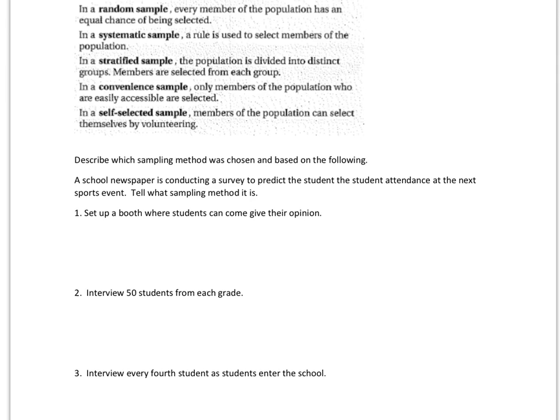Set up a booth where the students can come give their opinion. So that's the one I'm looking at right there. If I set up a booth, the students are choosing to give their opinion. That's that last one we just talked about. That is the self-selected.